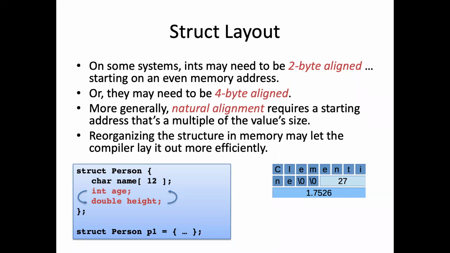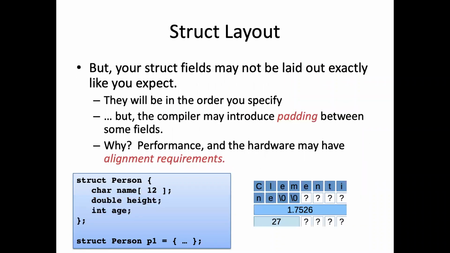If you look on the common platform, backing up a slide, if you make this struct on the common platform and then you start looking at how it's laid out, sure enough, it will be laid out like my picture shows. The compiler will leave a 4-byte gap at the end of the name field so that the double field can be stored at an address that's a multiple of 8.